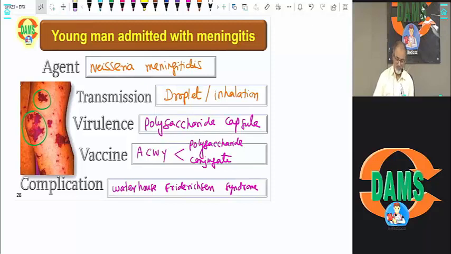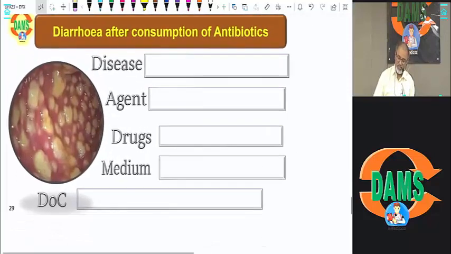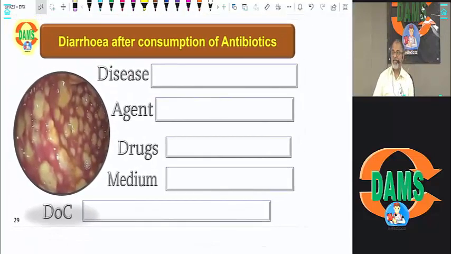Next is diarrhea after consumption of antibiotics. Wow, very good. What is the name of the disease? Antibiotic associated pseudomembranous enterocolitis.